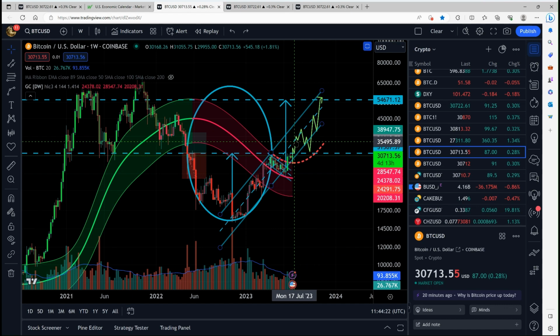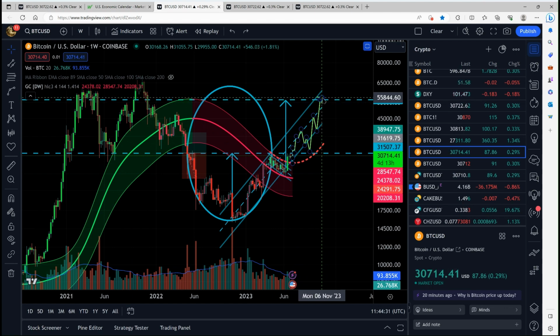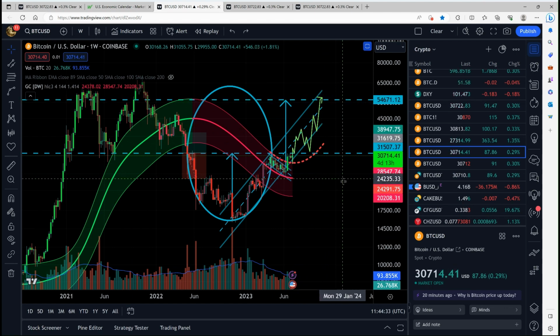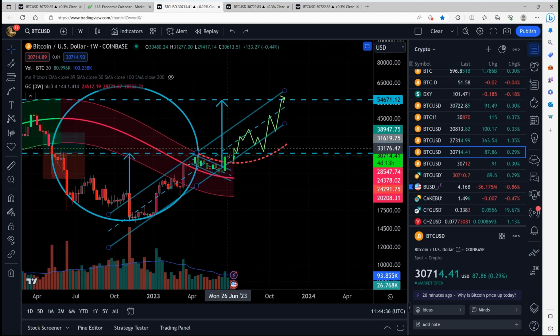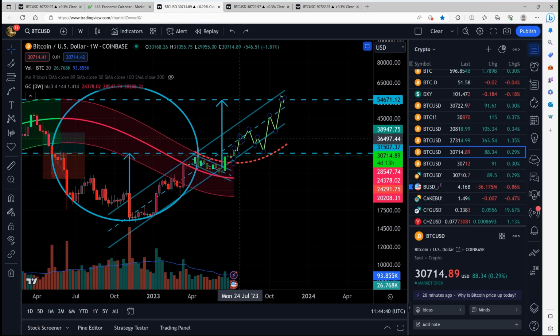Yeah, this is what I think we're looking at over the course of the next, heading into October, see us up around 55,000 or so. And this little path that I've drawn is consistent with a target of around 35,000 in mid-July, in the next couple weeks. Target of 40,000 in August.